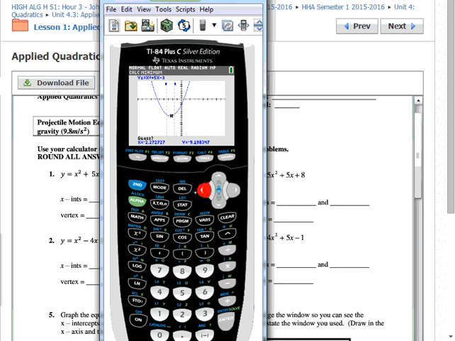I think it's about right there. And I hit enter. And it says I was close to right. The minimum is at... and therefore the vertex is at negative 2 point... Do you think it's really 4999, or should I just round it to 2.5? I would go with 2.5. Negative 2.5. And the y is negative 9.25.